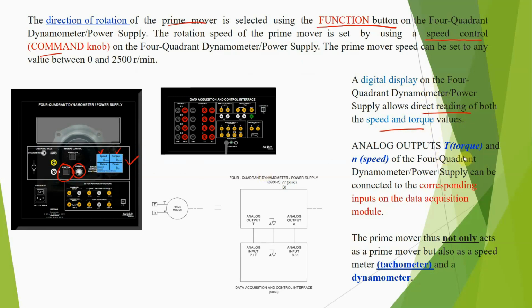An analog output of torque and speed of the 4-quadrant supply can be connected to the corresponding inputs of the data acquisition module. This is our data acquisition. It's connected to the computer. As you can see here, there is a torque, right? And here also there is a torque and the speed. So you can just connect it here, and you can just connect this one there, right?